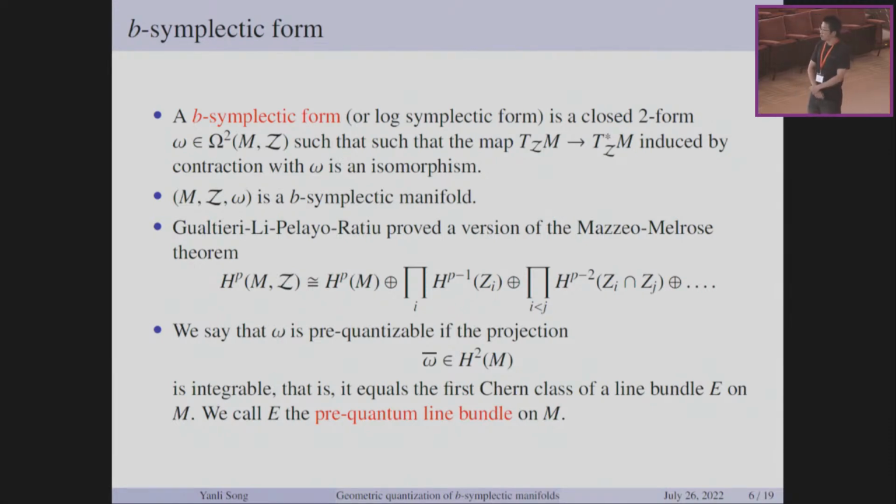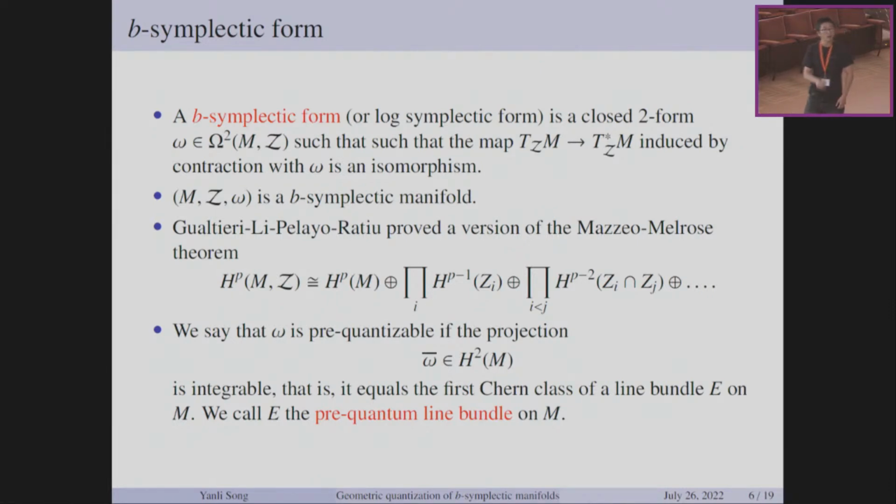Next I want to tell you how to do the quantization for a b-symplectic manifold. To do quantization, the first thing we need is a pre-quantum line bundle coming from the symplectic form. So what is the pre-quantum condition? We say omega is pre-quantizable if omega lives in the second b-de Rham cohomology. By this isomorphism, we have a projection from the b-de Rham cohomology to the original de Rham cohomology, and we denote it by omega bar.